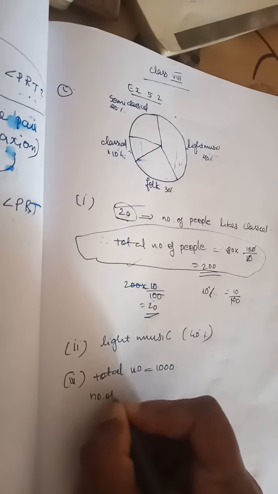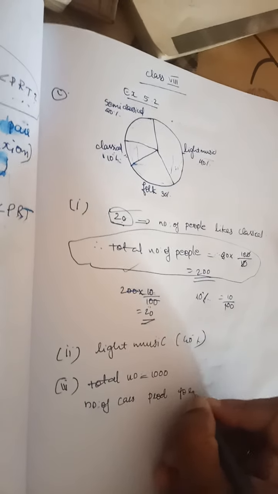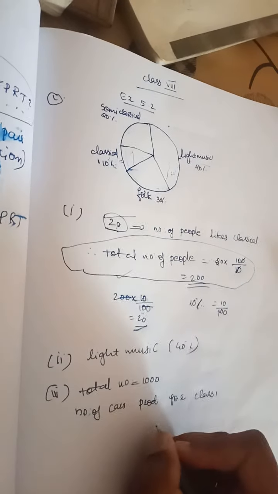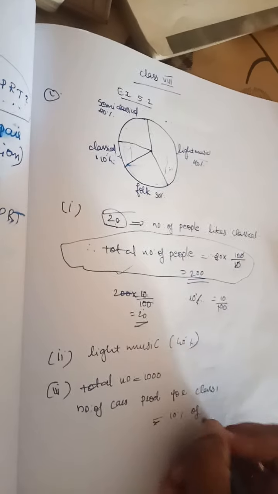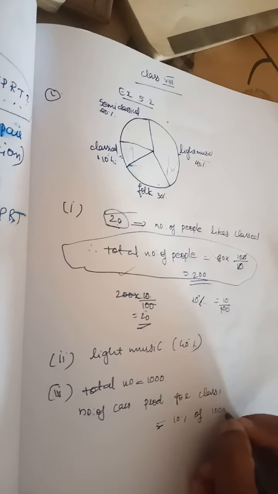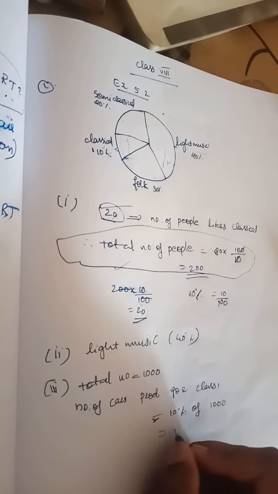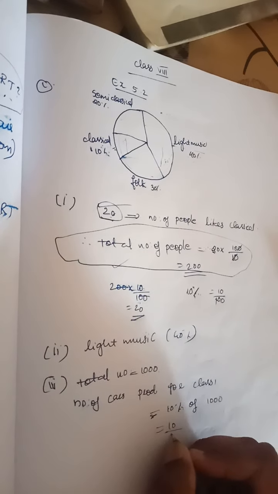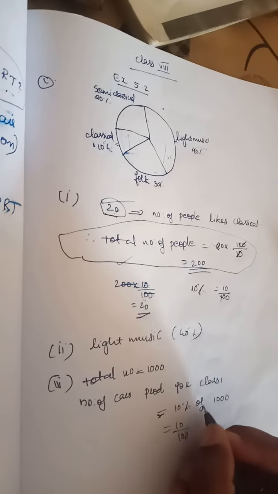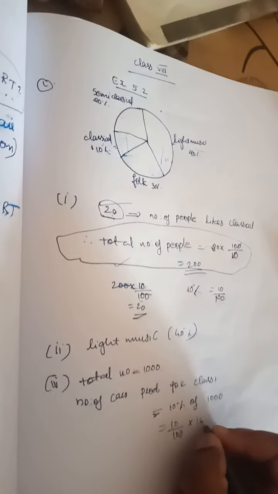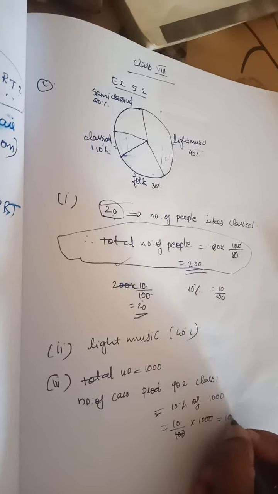So the number of cassettes produced for classical: how can we calculate? The percentage is 10% of the total number, and the total number is 1000. This is the method. If you want to remove the percentage, you write 10 divided by 100. Of means into 1000. Cancelling the two zeros, 10 into 10 gives 100.